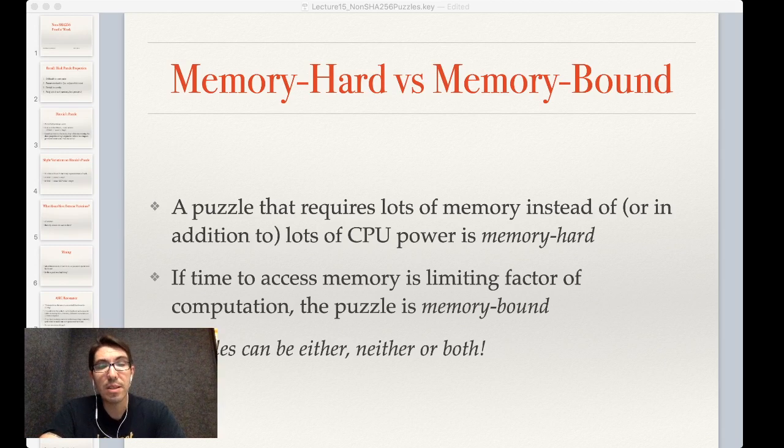One of the reasons for this is that while making a chip that is specialized for an algorithm is relatively straightforward, though straightforward may be too strong of a word, memory as a limiting factor is going to be very similar across all systems.